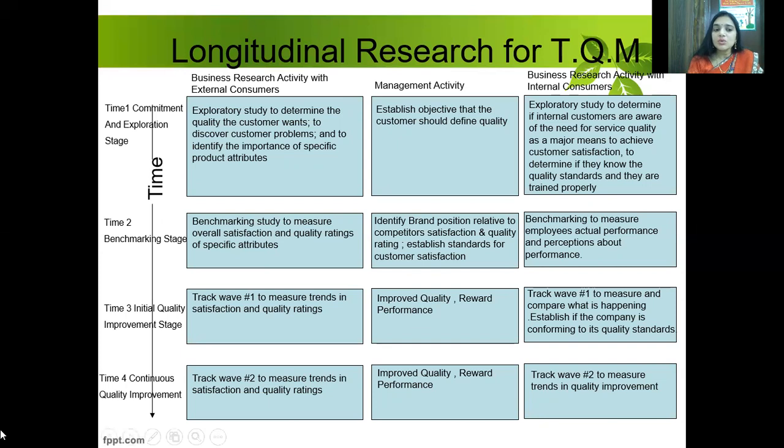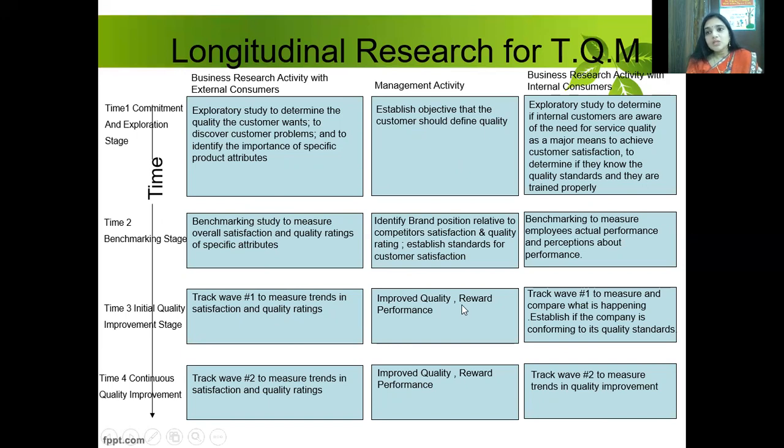Third is initial quality improvement stage. Till now, we have just tried to check what is happening, or we just had set some standards. Now we will be tracking it through their actual measurement, actual performance. Track wave to measure trends in satisfaction and quality ratings in case of consumers.